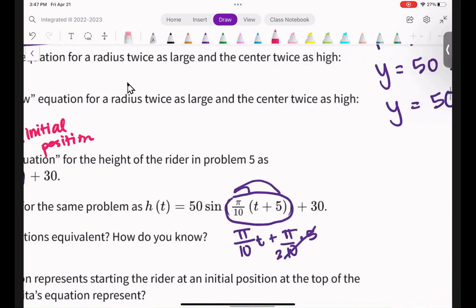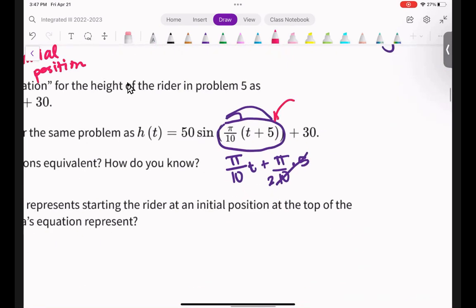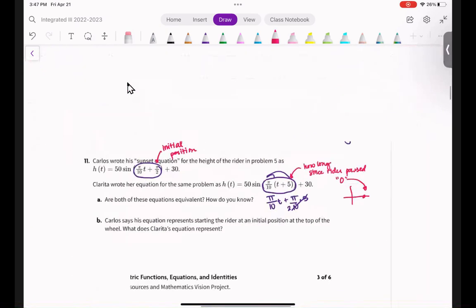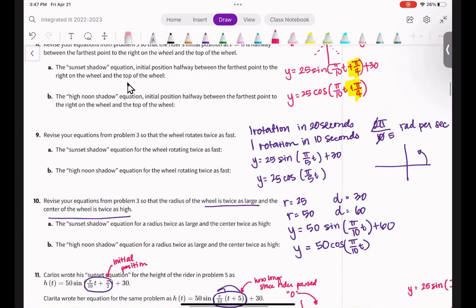Versus this one over here, this is talking about how long since the rider passed zero, meaning the A spot, right? Okay. The other thing that you were supposed to be comfortable with is it doesn't matter in terms of sine or cosine. The job of that, say 25 or 50, is still the same.